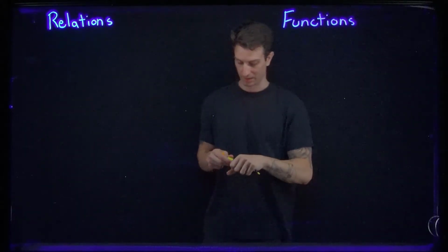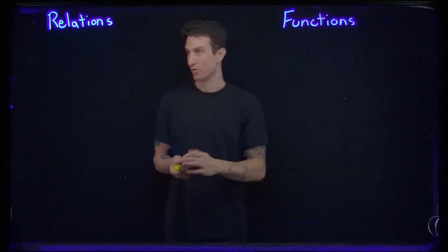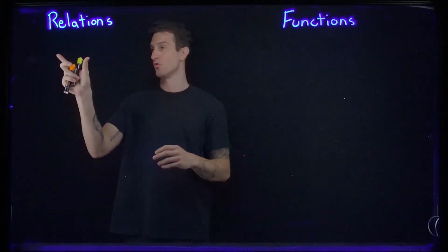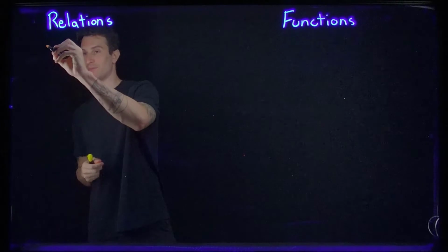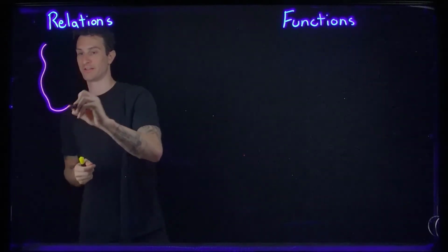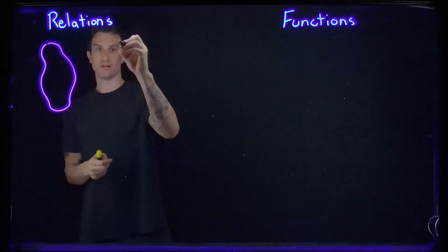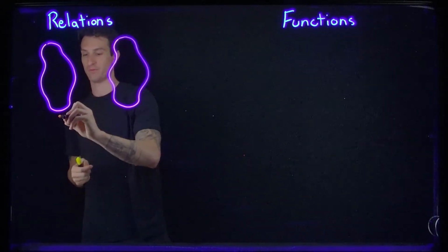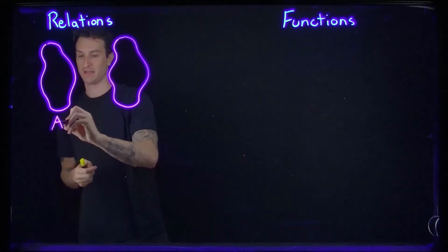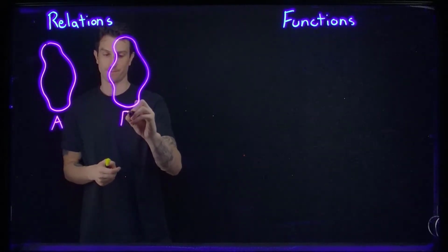To get a visual, remember, a relation is an ordered pair from set A to set B. So we're going to draw 2 blobs here, denoting set A and set B. And we're going to come up with some more vocab terms here. We'll call this set A and this set B.